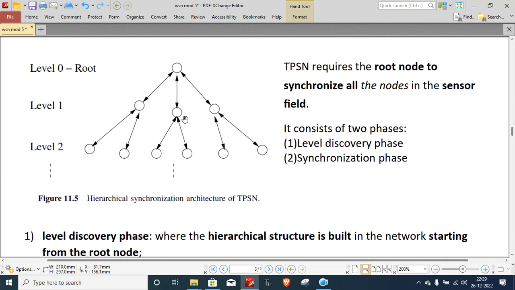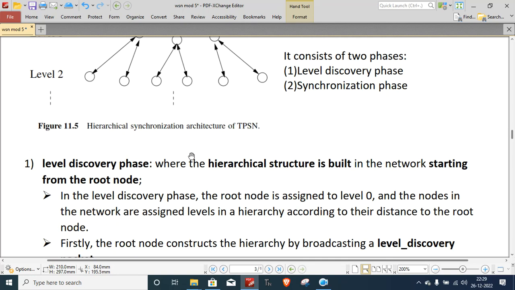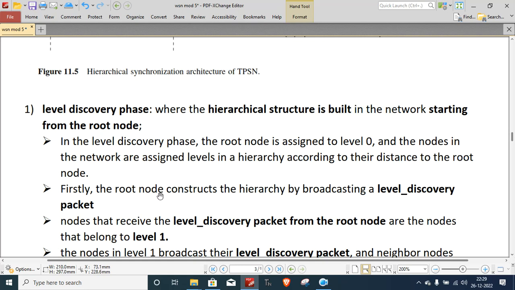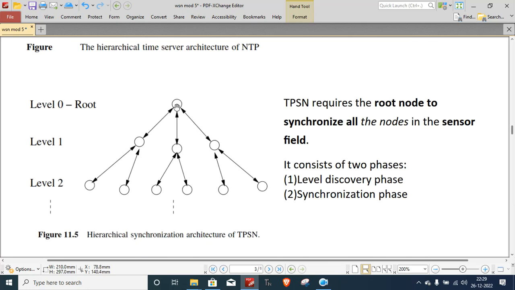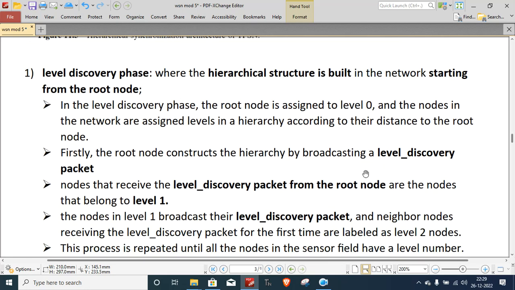Firstly, the root node constructs the hierarchy by broadcasting a packet called the level discovery packet. Nodes that receive the level discovery packet straight from the root node belong to level 1.